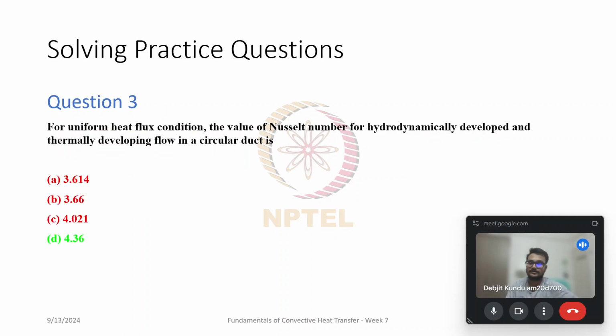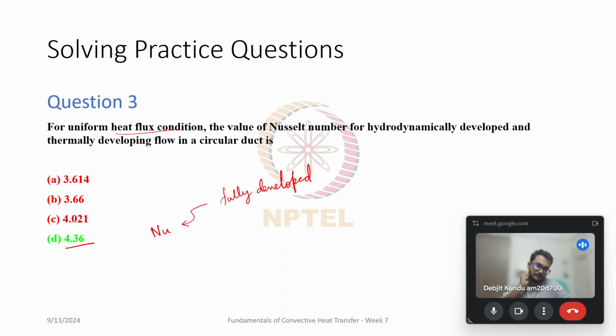So let's take a look at the solution. It's actually 4.36, and it's the same Nusselt number that shows up for the uniform heat flux condition and fully developed, that is both hydrodynamically as well as thermally developed flow.